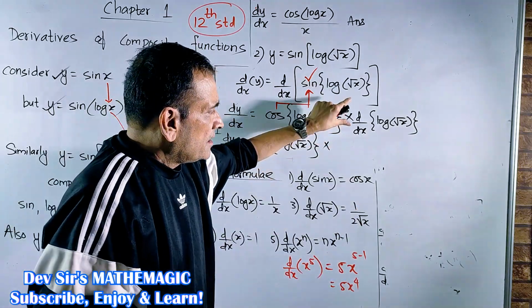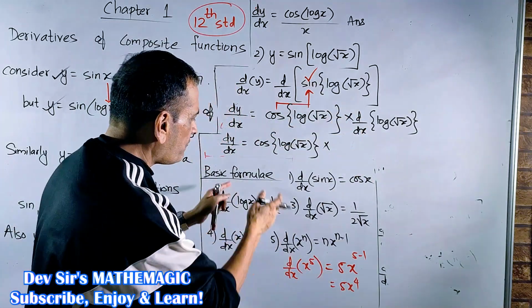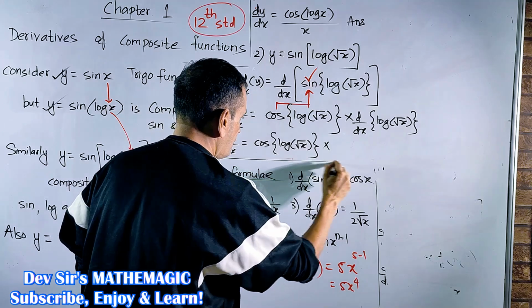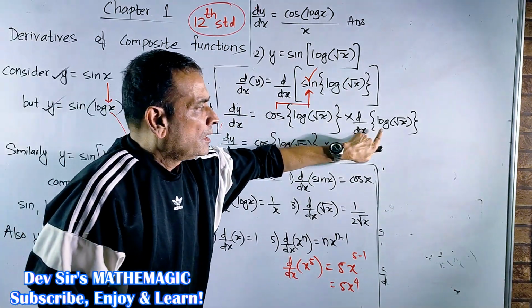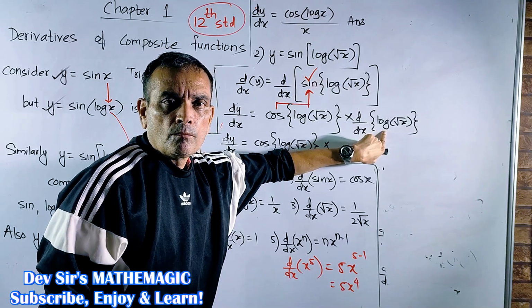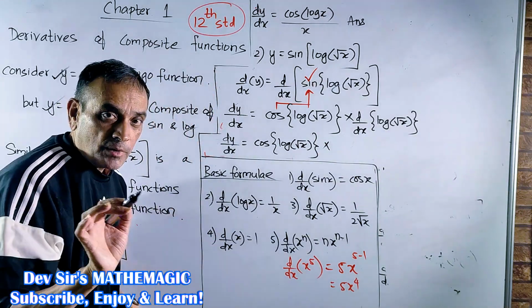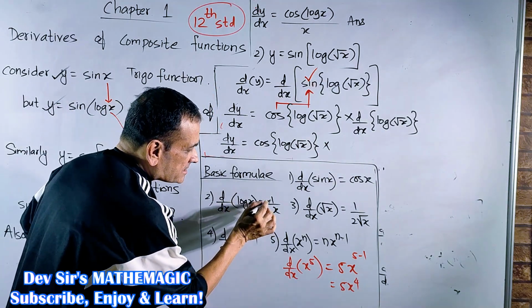Right? D by dx means you have to use this formula, basic formula. Derivative of log. Basic formula देखो. Derivative of log x is 1 upon x.